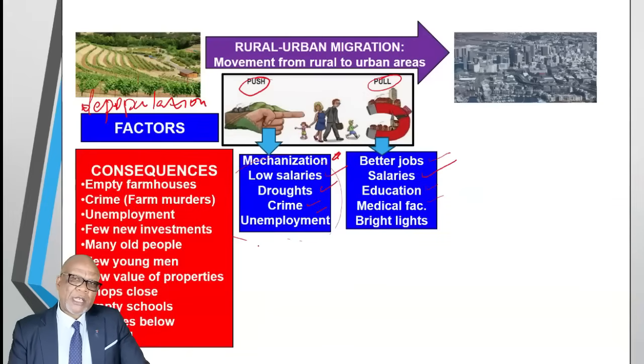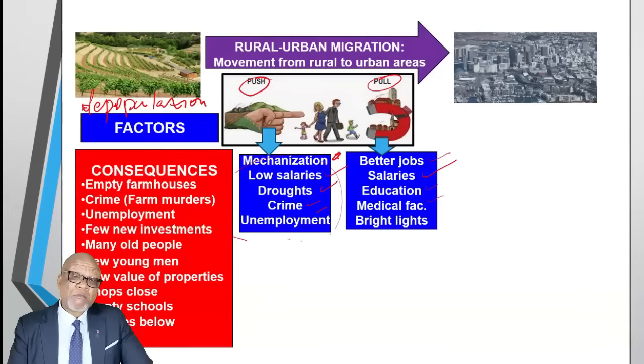So it's going to result in an imbalance in the age and sex structure of rural settlements. There's going to be more elderly people and fewer younger people, and more females left behind than males, because males are usually the ones trying to go and provide for the families.